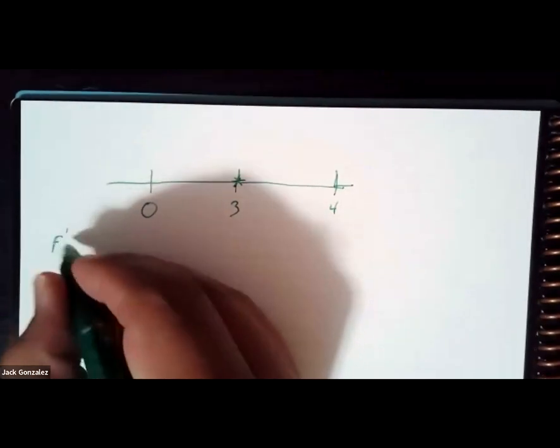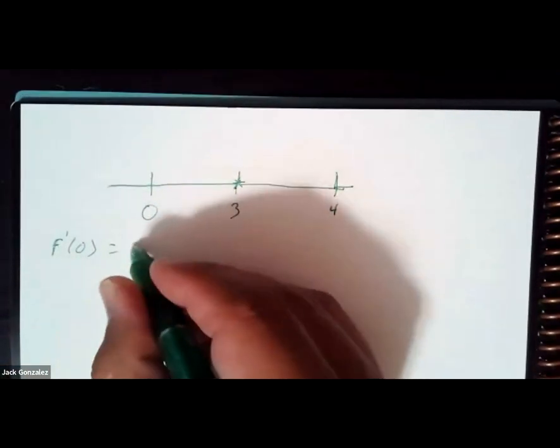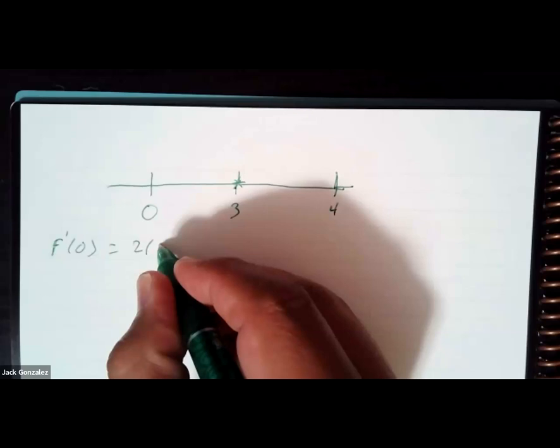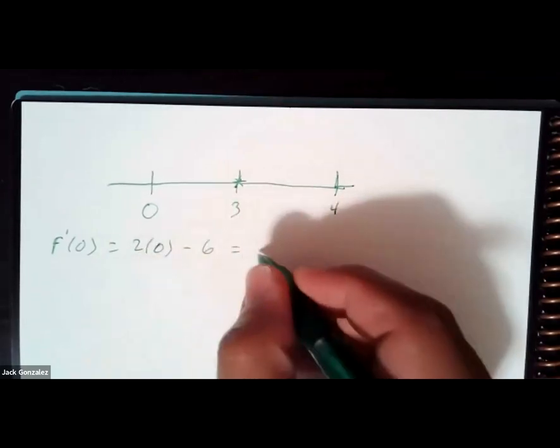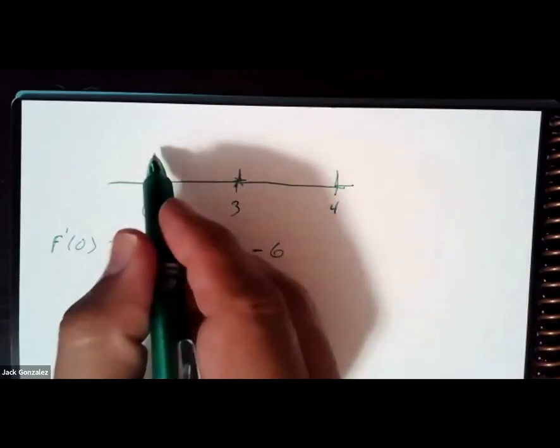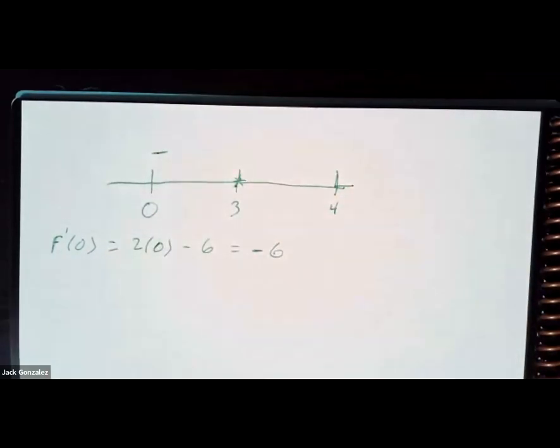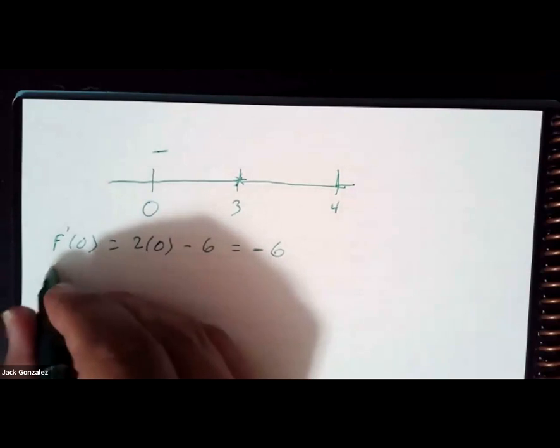So f prime of 0 is equal to 2 times 0, that's 2x, right? Minus 6, which is negative 6. So I'm negative over here. Now test a point after.